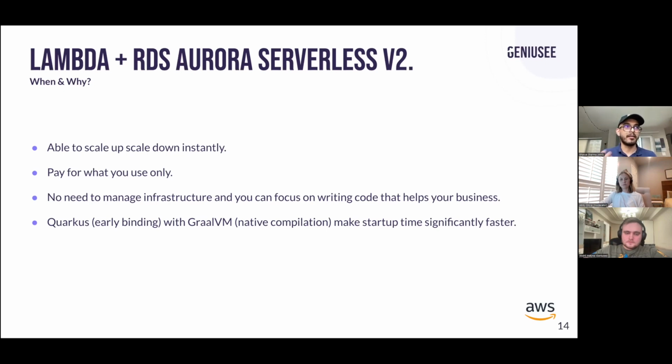Finally, if we compare Quarkus to Spring Boot, Quarkus does a lot of the computation at build time. And the benefit that offers you is that when you actually try to run your app, it's almost instant. When you run a Spring Boot application, it has to do a lot of stuff.